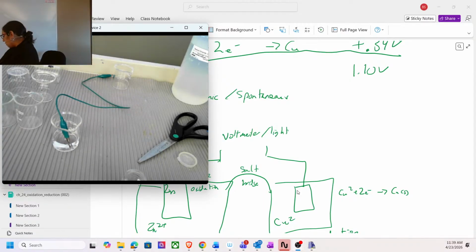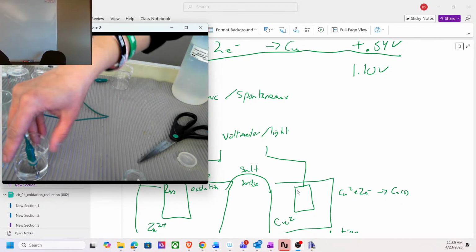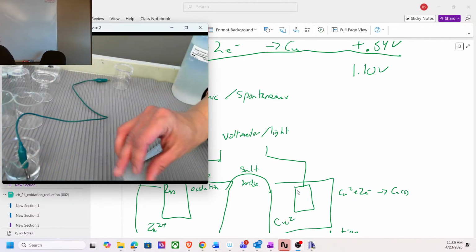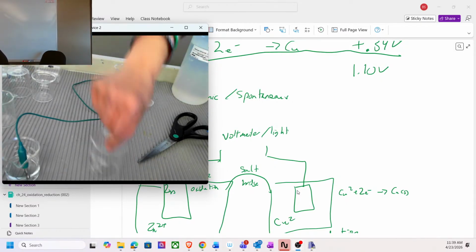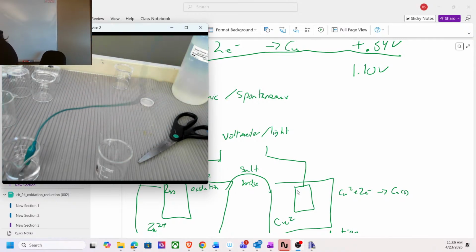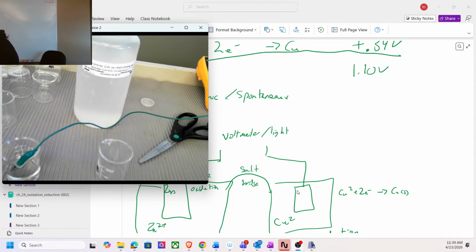So I'm just putting enough to submerge it. Nothing too technical with this setup. Like I said, you'll see with the math how we can get more technical, but I'm just trying to do our quick setup. So this needs to go to my voltmeter, which now I realize I should have double checked I knew how to use a voltmeter.